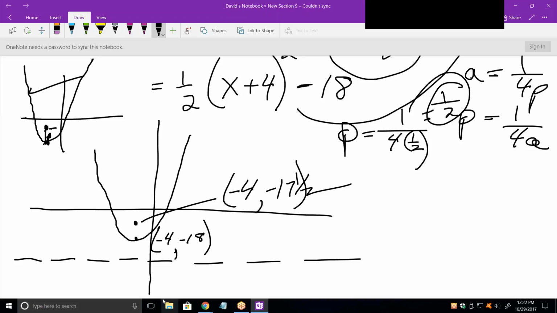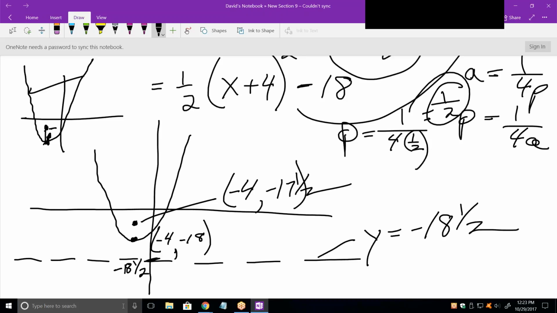Oh, okay. So vertex was a point and our focus was a point, but that's a line. So what is this value right there? That is -18.5. The equation of any horizontal line is y equals some number, whatever the y-intercept is.